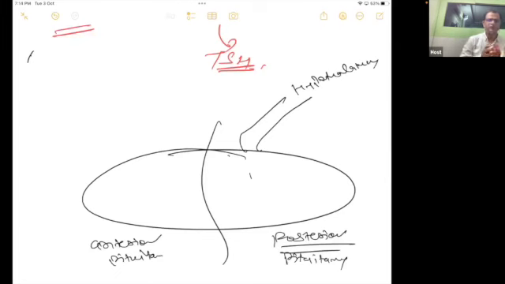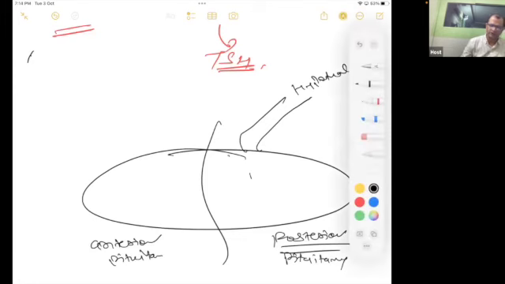Definitely both anterior and posterior have connection with the hypothalamus, but the posterior pituitary has another connection with the hypothalamus. So the hypothalamus makes 2 hormones and directly keeps them here.